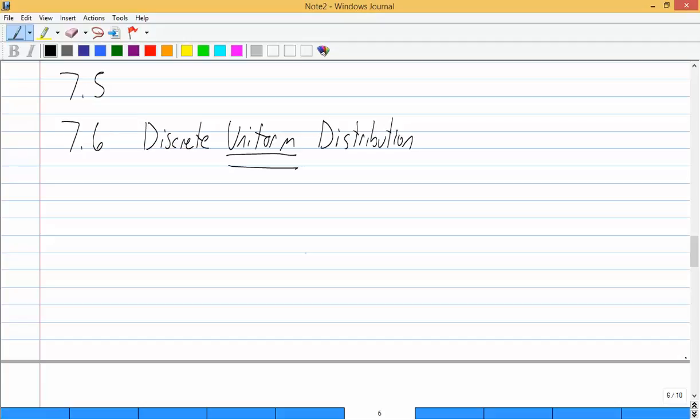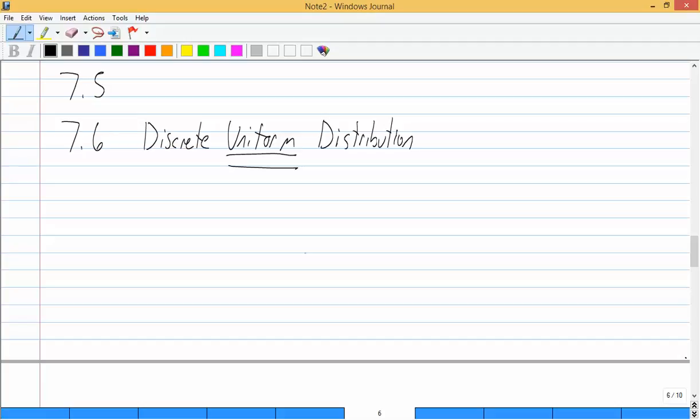There was a question on a test that was, how is this data distributed? And I believe one of the answers was it had a uniform distribution.